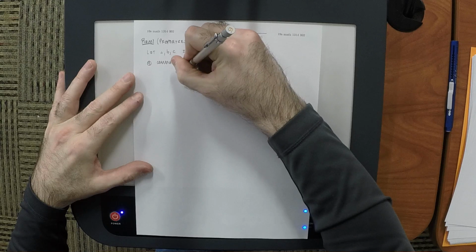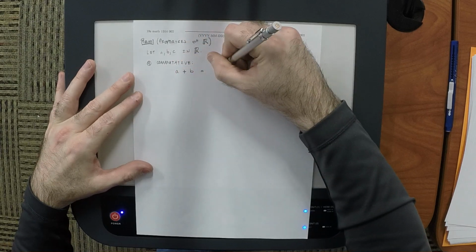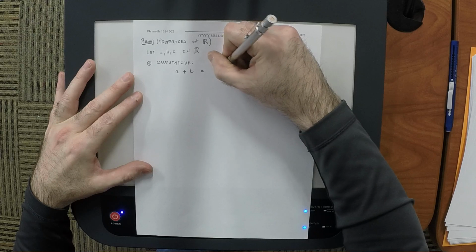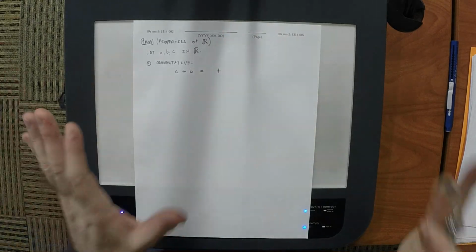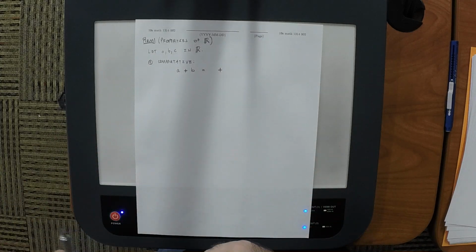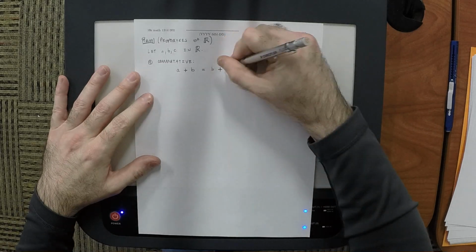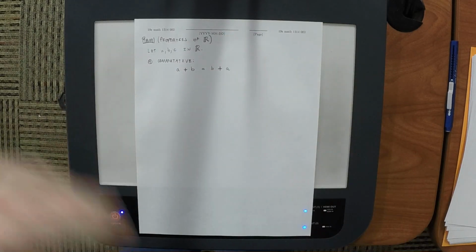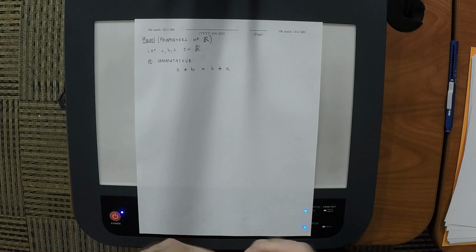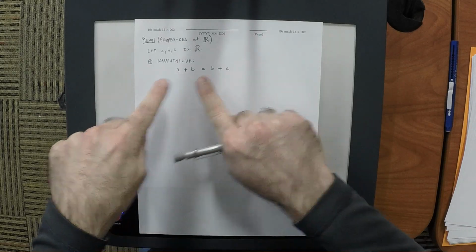So here it is. We have A plus B. Now if we leave the operation unmoved, but we move the A and the B, those are called the operands, then it's B plus A. So those are the same. A plus B is B plus A. It doesn't matter if you take the A and the B and move them to the other side of the operation.